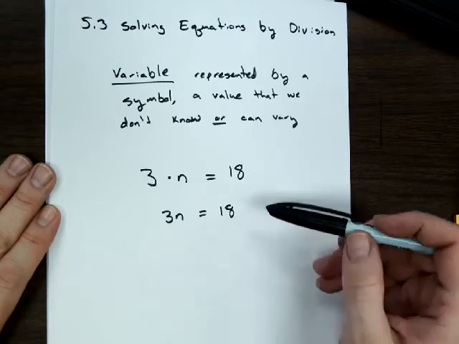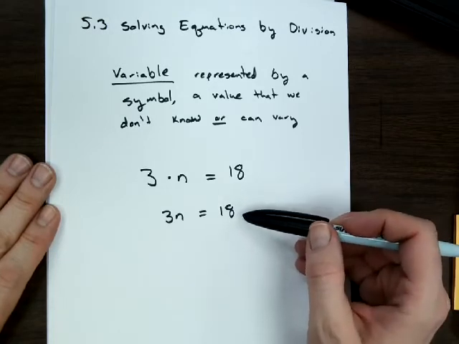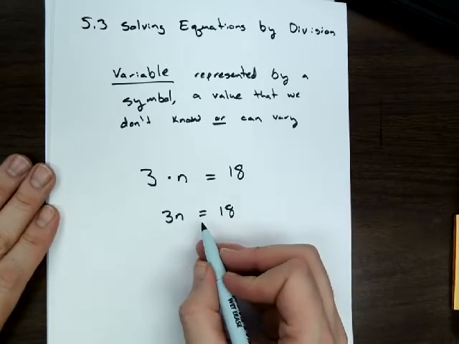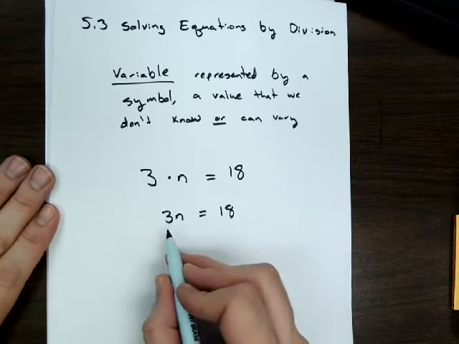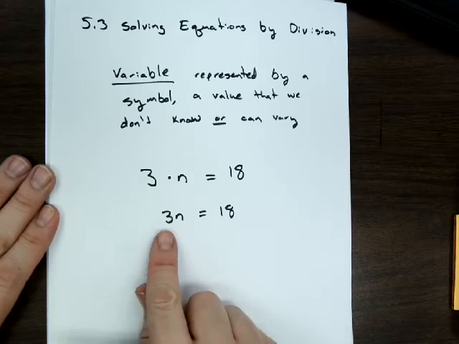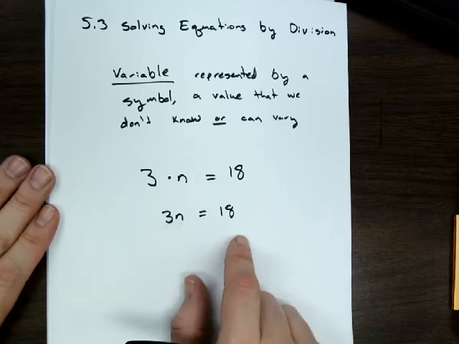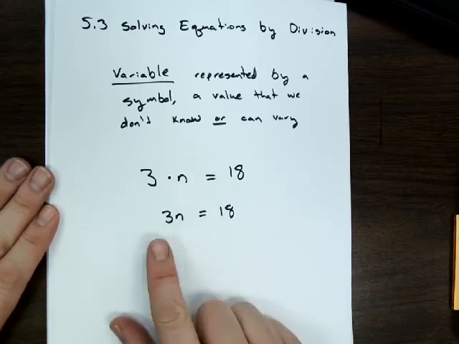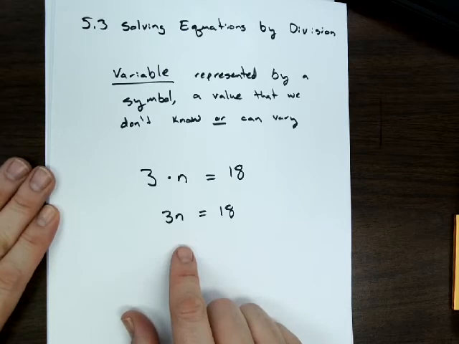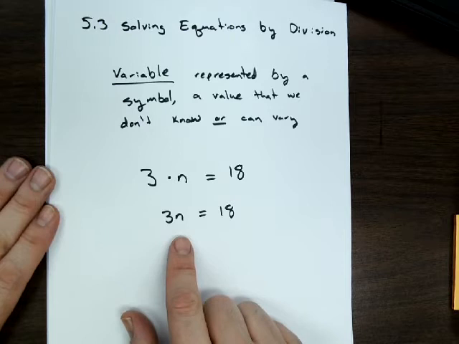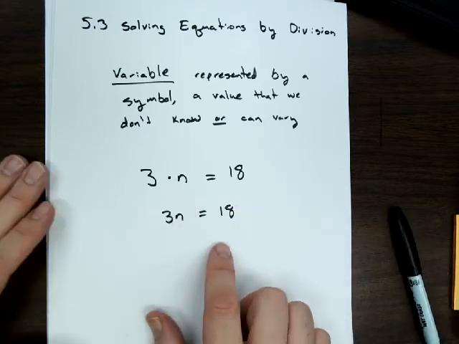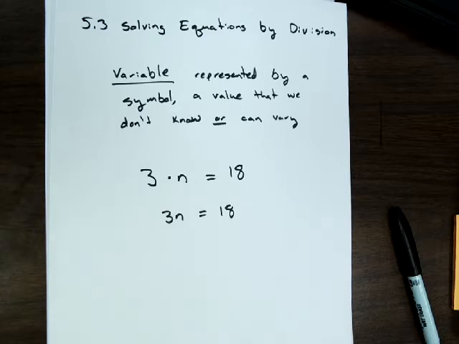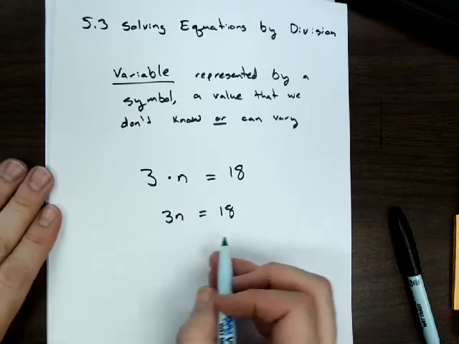Now, the equal sign acts as basically a barrier. I'm saying that these two things are equal. 3 times our variable is equal to 18. If we want to, we could say, well, 3 times what would be 18? It's pretty easy to see here that this n would be equal to 6. But what we're going to do is, when we have an equation like this, we're going to take both sides and do the same thing to both sides.